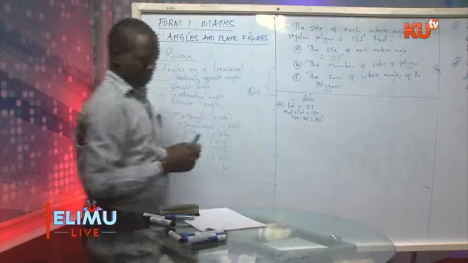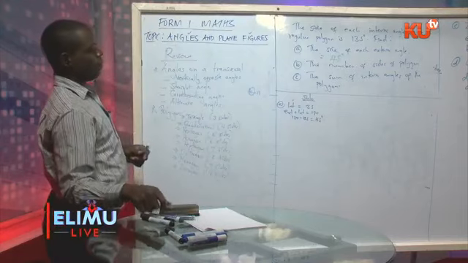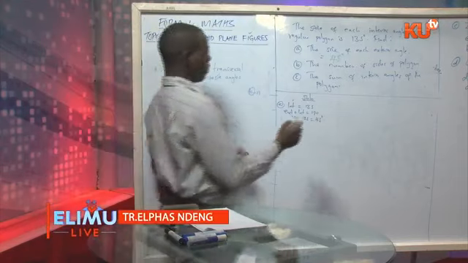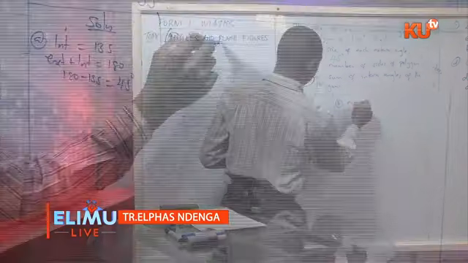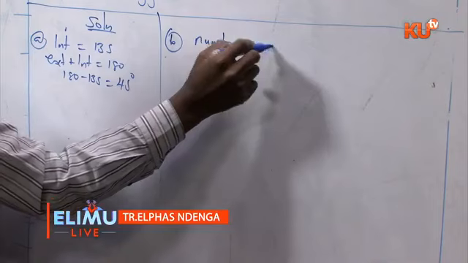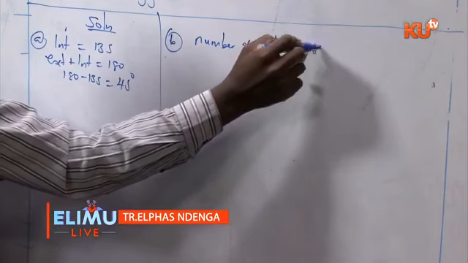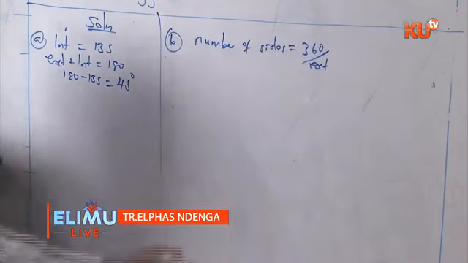Part B, the number of sides of the polygon. We said the number of sides is given by 360 divided by 1 exterior angle.